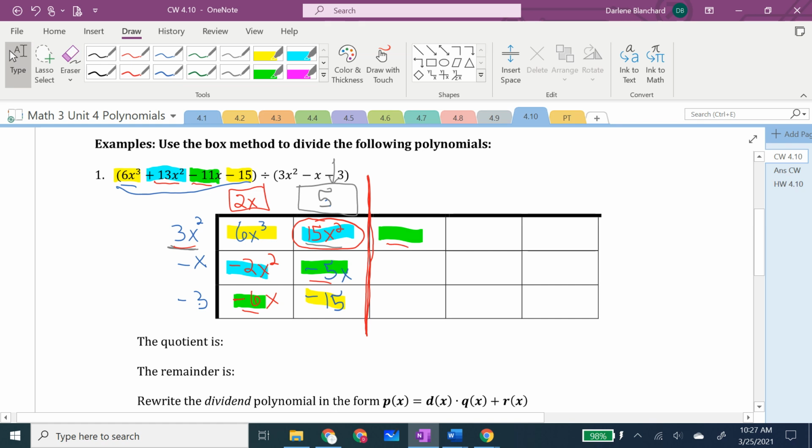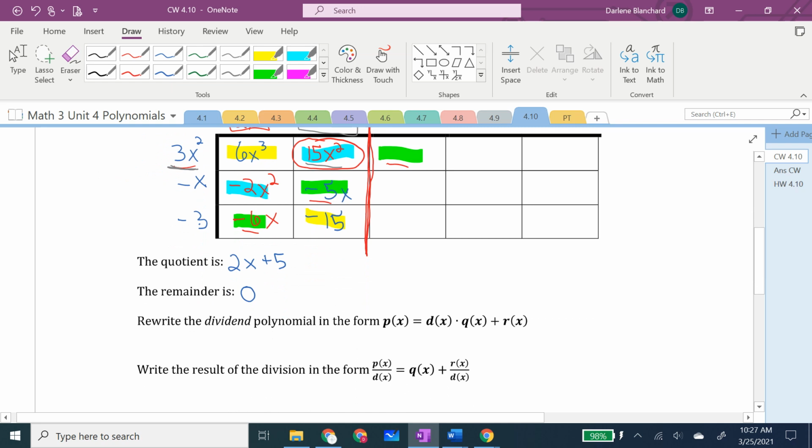Now, what I want you to do is recognize the quotient. The quotient is the result of the division without the remainder, if there was one. The remainder is 0. And then I want you to look at the 2 different ways you could possibly be asked to rewrite.